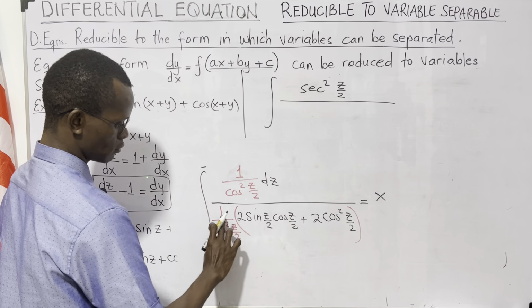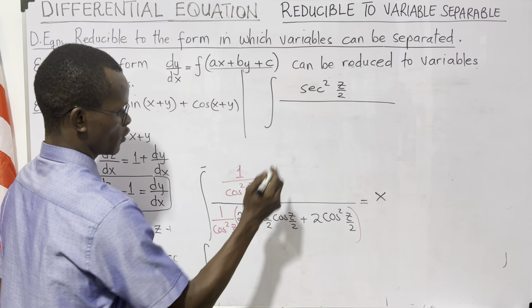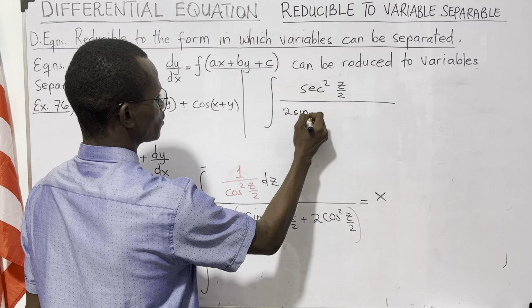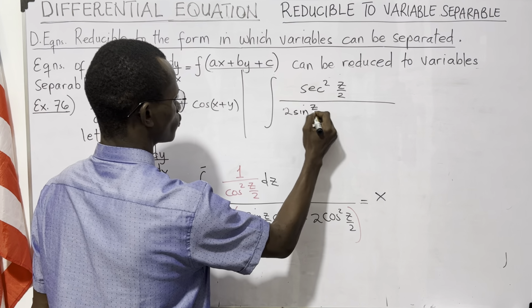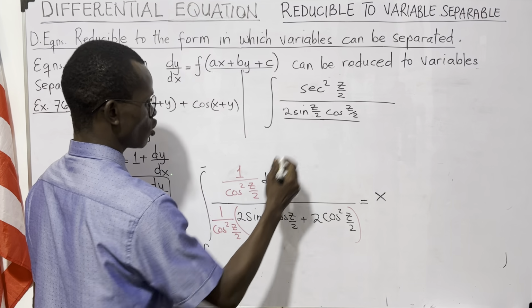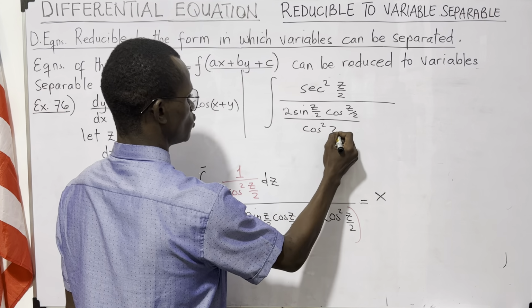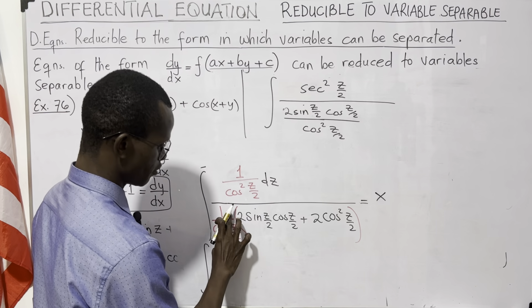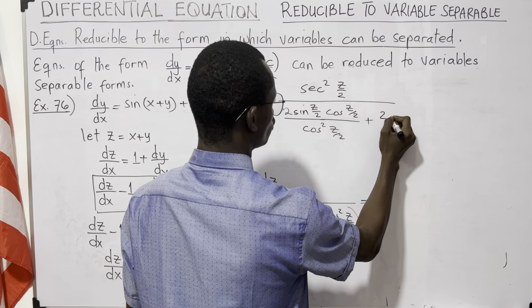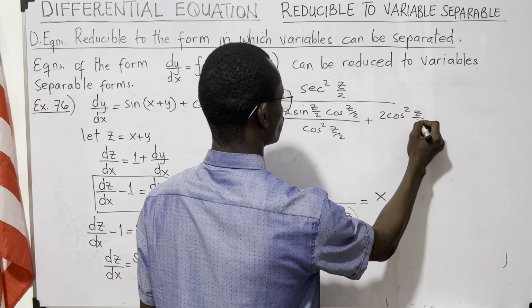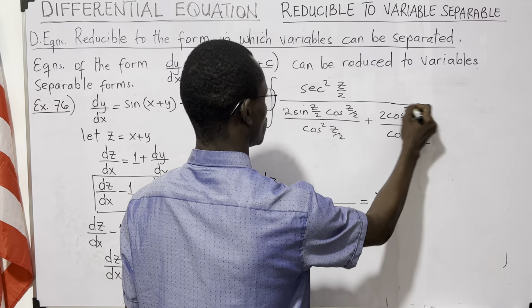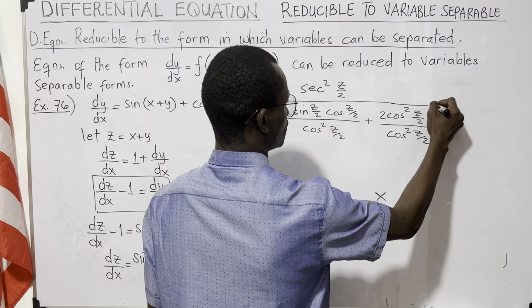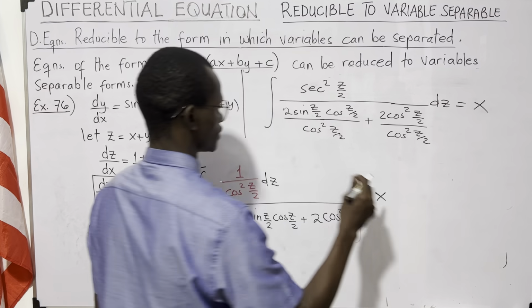So multiplying this expression by each term, we have 2 sin z over 2 divided by cos square z over 2. And then we multiply by the next term plus 2 cos square z over 2 divided by cos square z over 2. So this is dz all equals x.